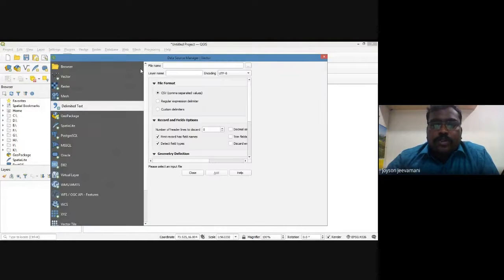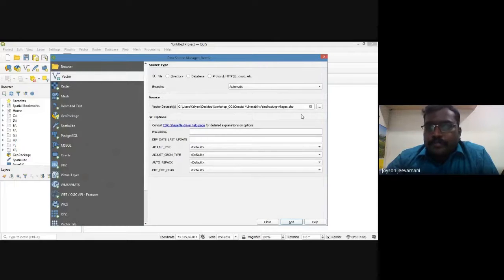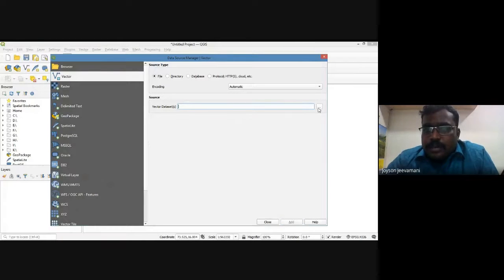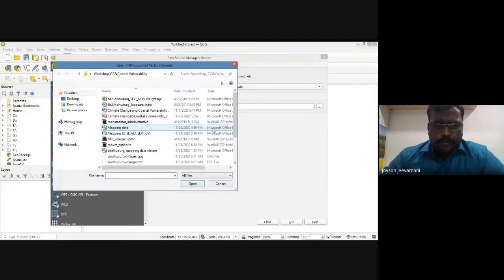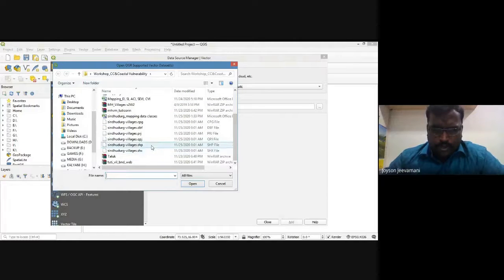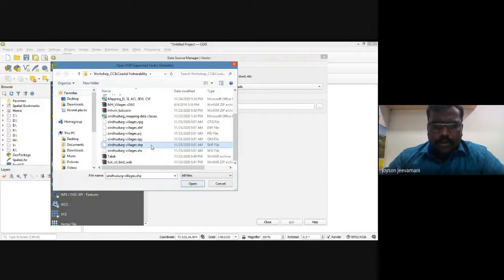It will show this window. We have to choose the file name. Here it is given as file. Let us click on these three dots so that it opens your local files. In that I already have the shape file, the Sindhudurg village shape file, .shp.